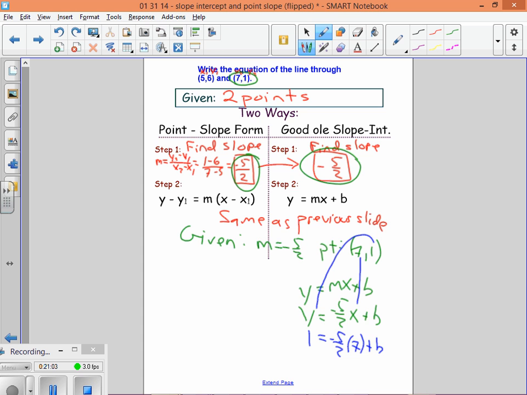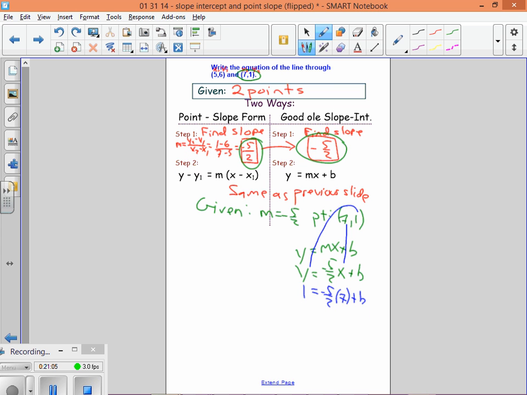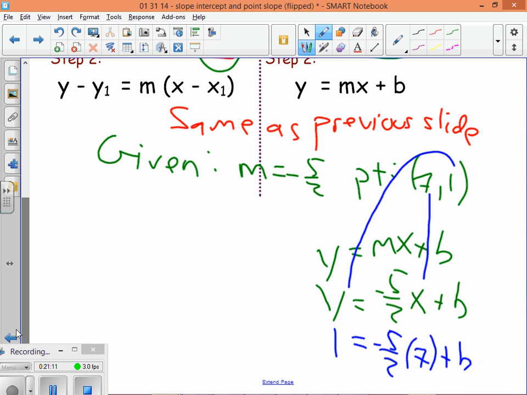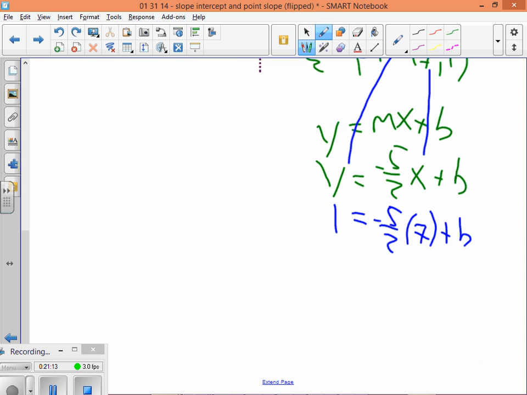I need to solve for b. And so what I'm going to do is -5/2 times 7 is just -35/2. So 1 equals -35/2 plus b. I'm going to add 35/2 to both sides, and to get a common denominator, I'm going to turn 1 into 2/2.